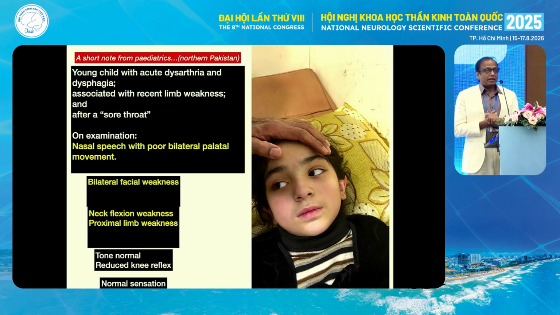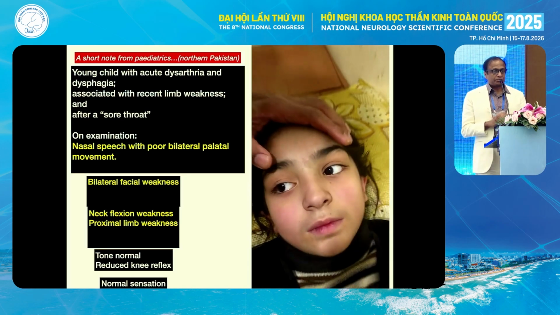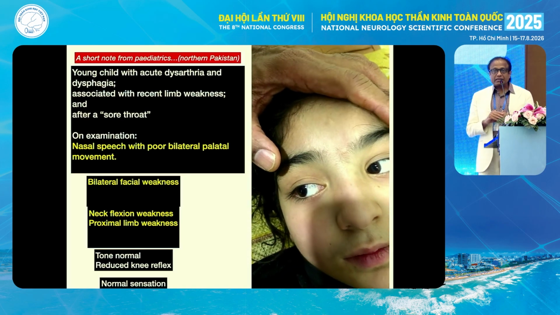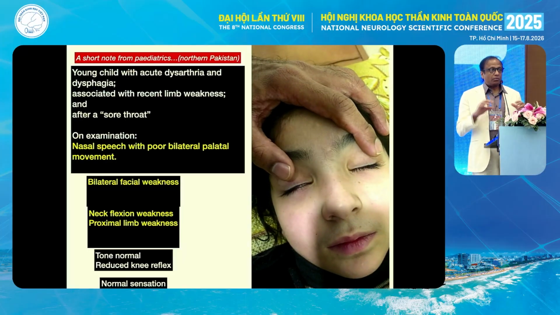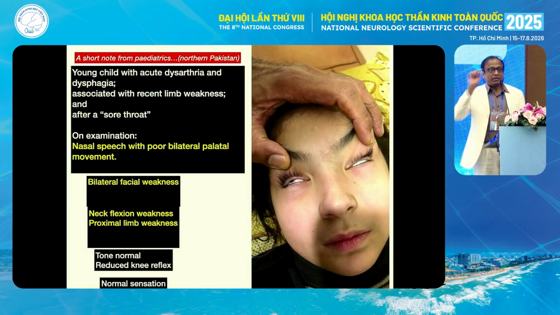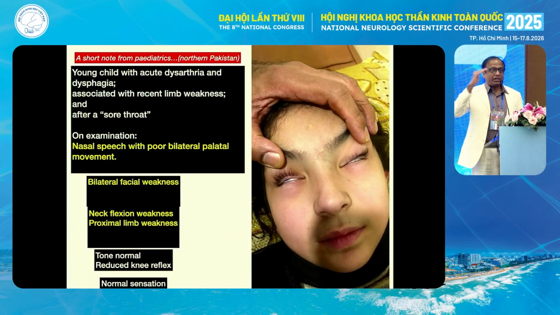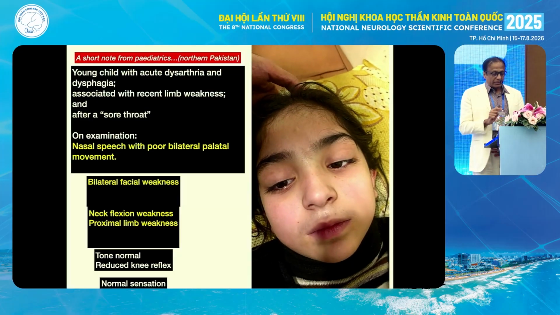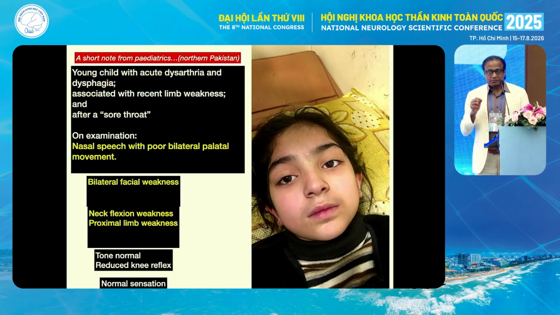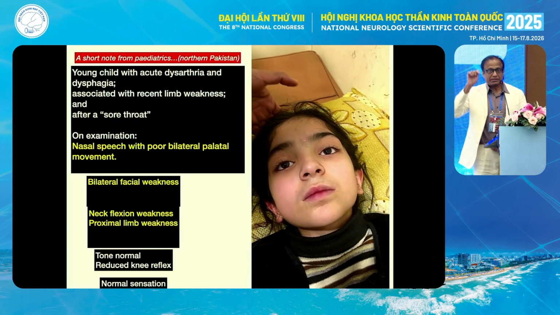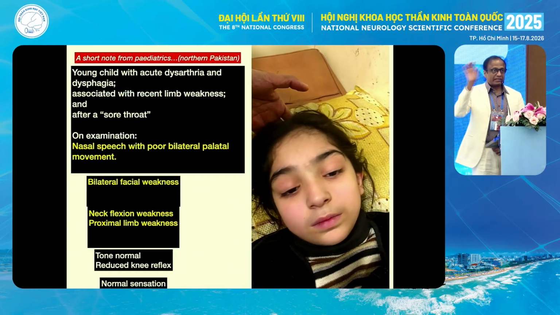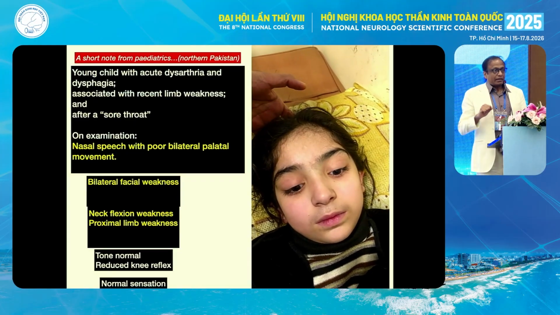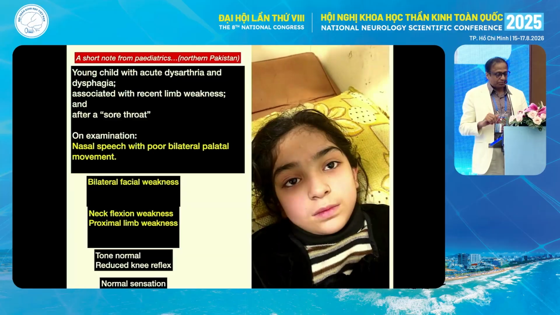So let me share with you about this patient. I saw this young girl in a town called Peshawar, which is the northern part of Pakistan, bordering Afghanistan. She's actually an Afghani girl who came from the hills to the hospital because there were no hospitals in that part of Afghanistan.